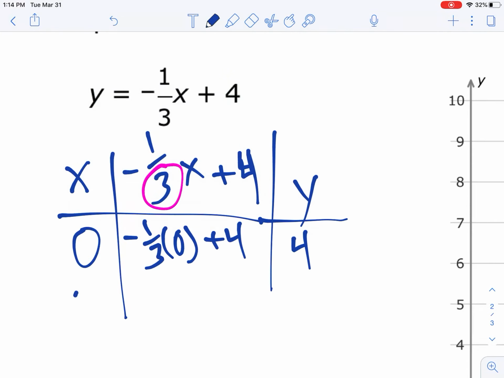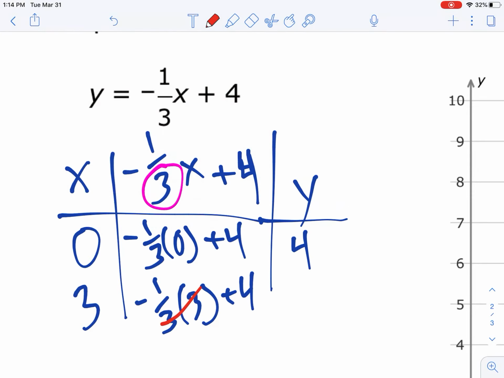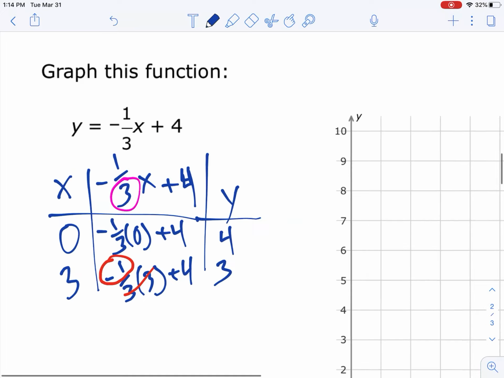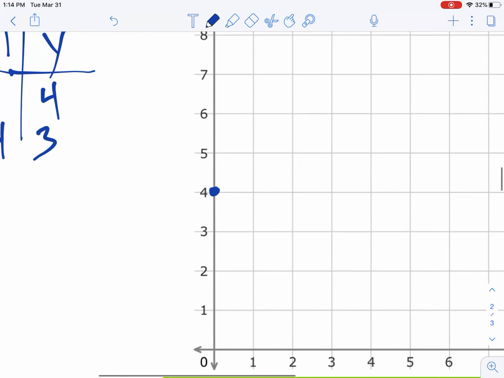So the number I want to use is 3. So remember, you pick whatever number the denominator is. If it's 5, pick 5. If it's 4, pick 4. This time it's 3 again. So I've got negative 1/3 times 3 plus 4. Okay, those 3's cancel each other out, and I have negative 1 left over on top. Negative 1 plus 4 is 3. So I've got (0, 4) and (3, 3).